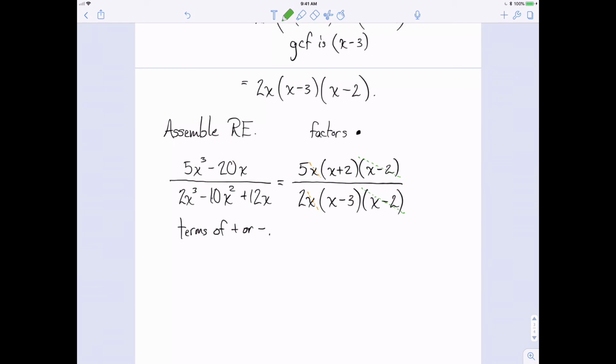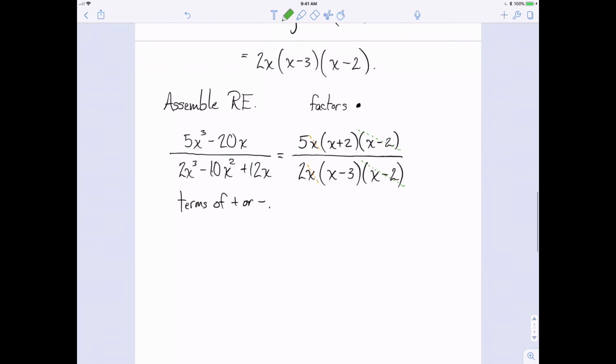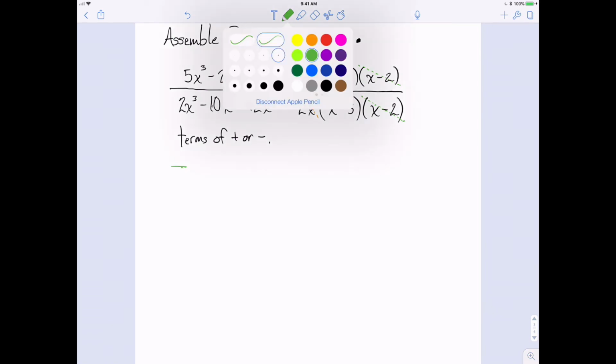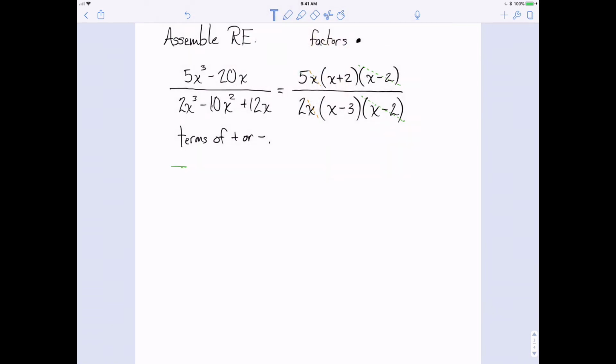Now, here's how you know that the problem was done correctly. Let's try a number. How about we just try 1. So try x equals 1. Oh, I forgot to write the answer. I got so excited.